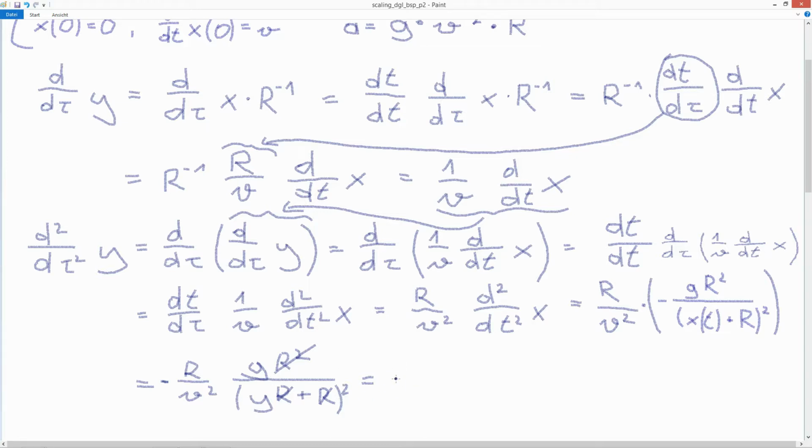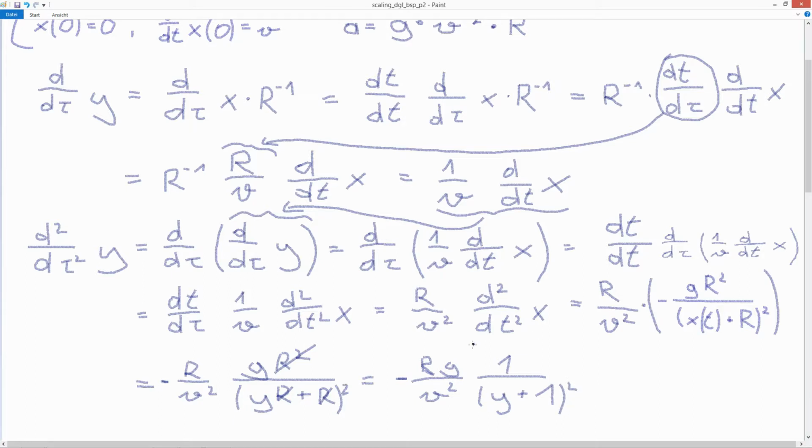So we get minus g, and this here is 1 y plus 1 squared.